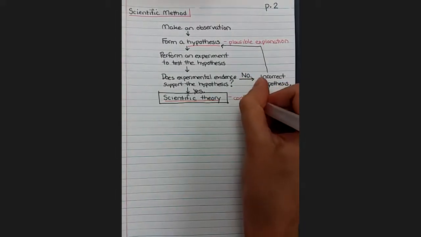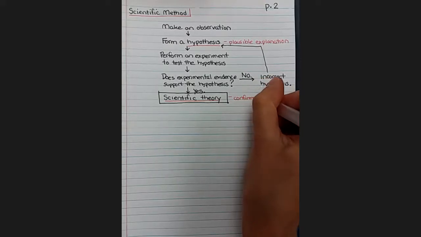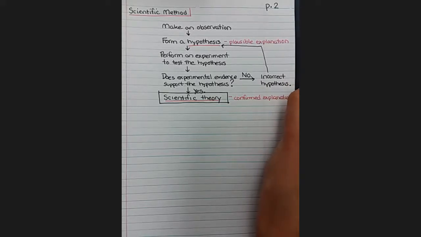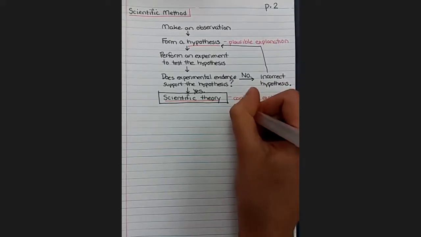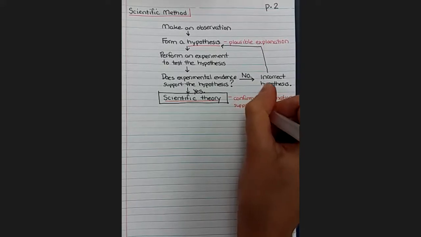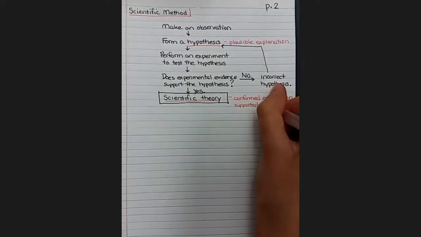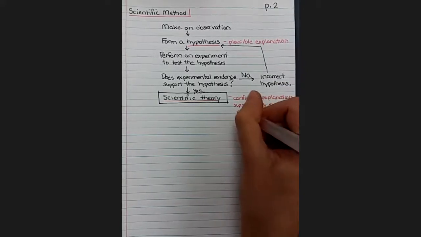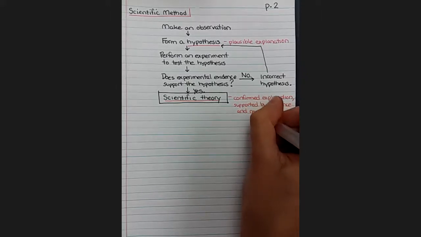So a scientific theory is something that is a confirmed explanation. That explanation is supported by evidence, lots and lots of evidence, hopefully from several different scientists, and by repetition. We never believe something we only saw happen once.